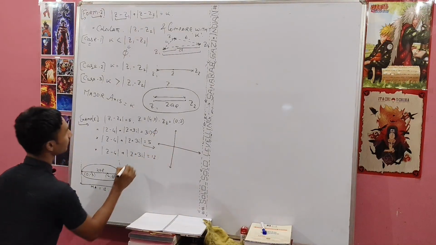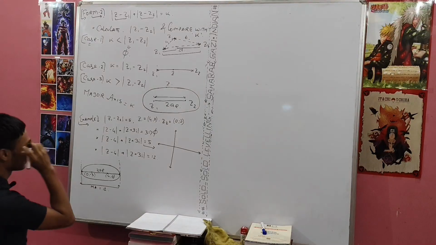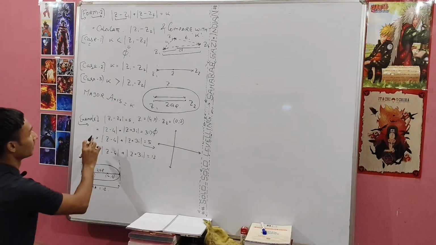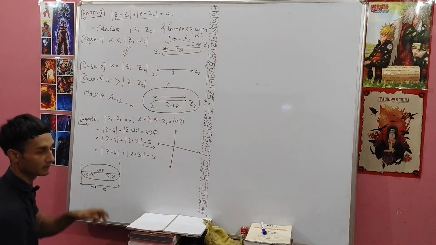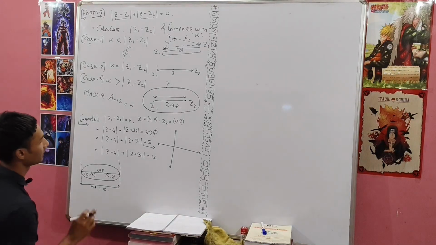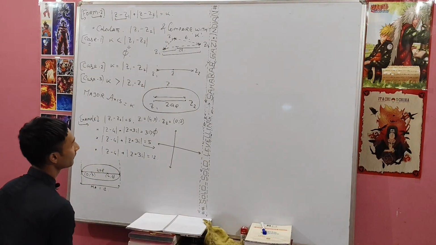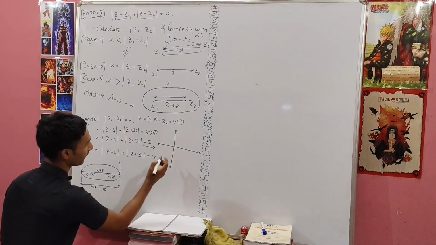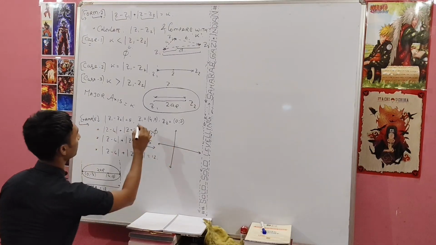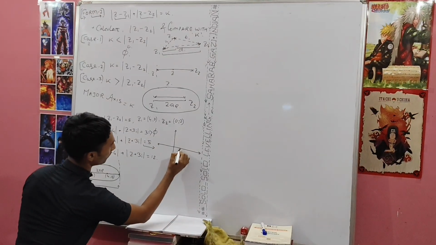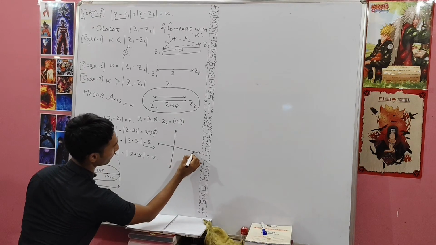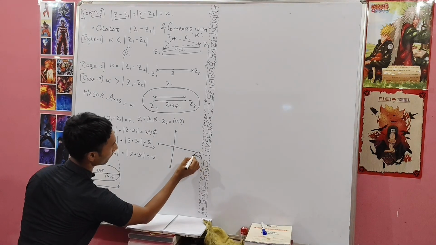For this case, k is equal to the distance between z1 and z2. Here what you will find is the line segment, right? First put the point z1, which is 4, 0: 1, 2, 3, it's 4, 0.